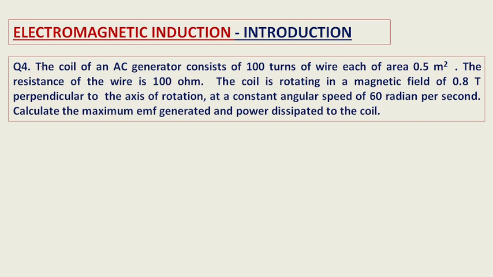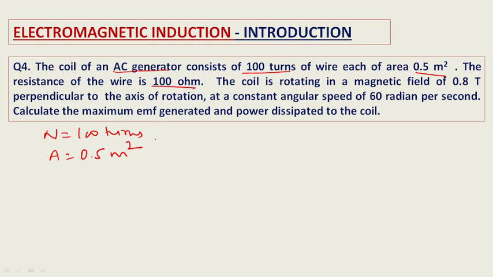Then question number 4. The coil of an AC generator consists of 100 turns. Given N is equal to 100 turns of wire, each of area 0.5, so area is given as 0.5 meter square.